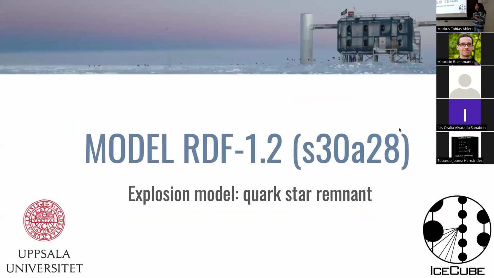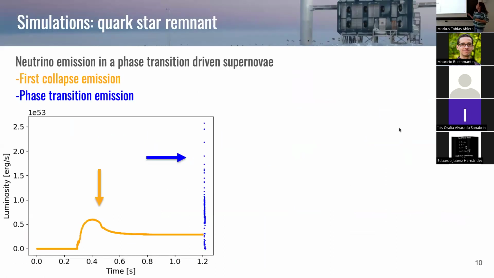So my explosion model, where we have a quark star remnant, would look something like this. So this is the full supernova luminosity spectrum. As I mentioned, I have here the first collapse from a regular supernova. So the core collapses, then the luminosity of the neutrinos goes high, and then we have an accretion phase.